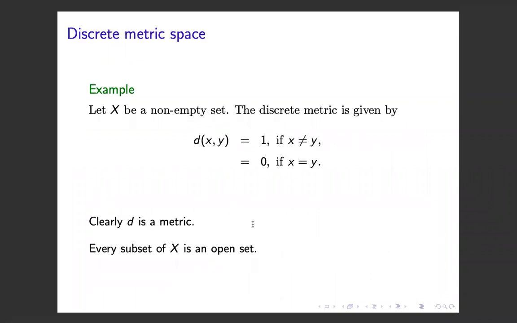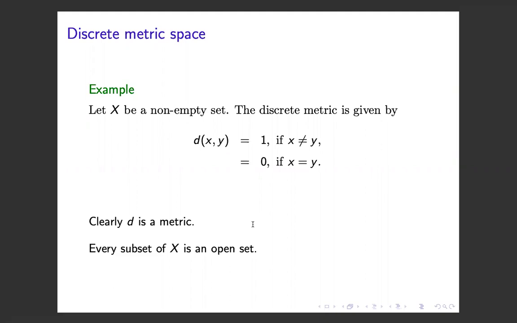And next we come to the discrete metric space. This is an extreme case. Let X be a non-empty set. The distance is given by this very innocent looking function d(x,y) equal to 1 if x is not equal to y, and 0 if they are both the same.